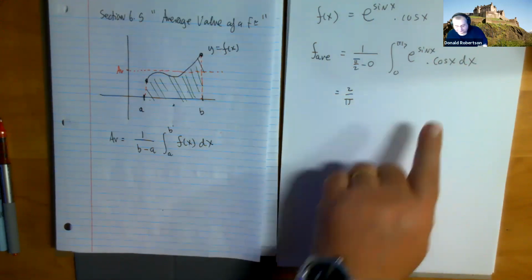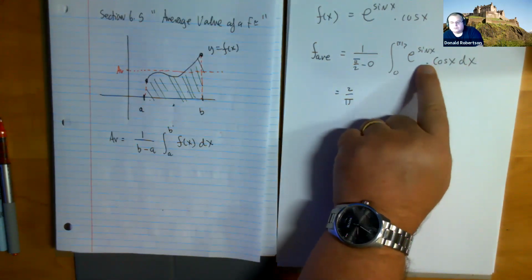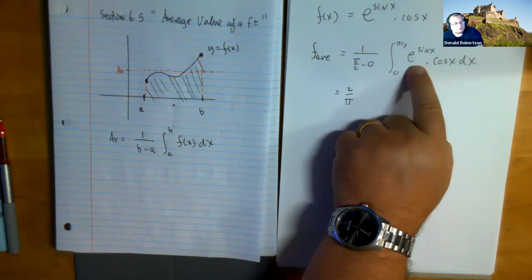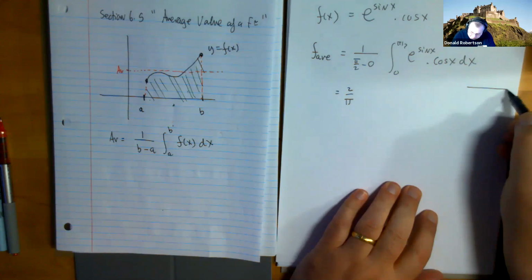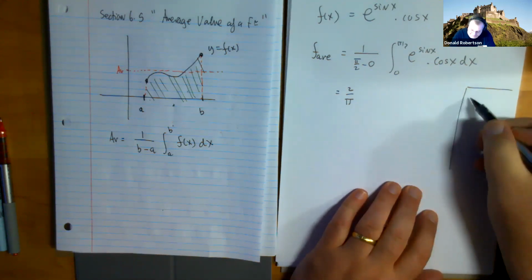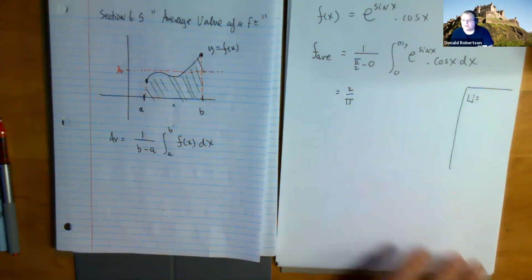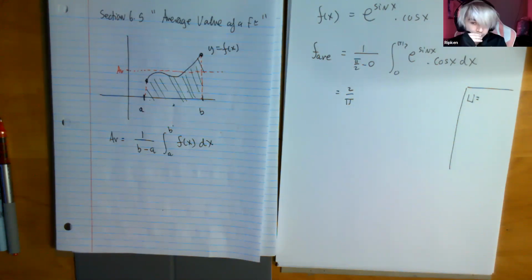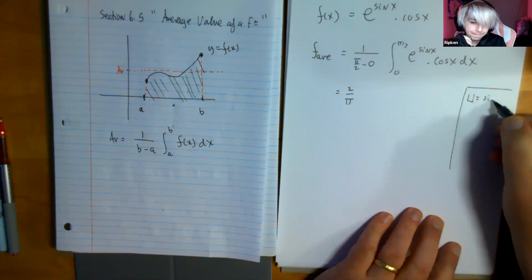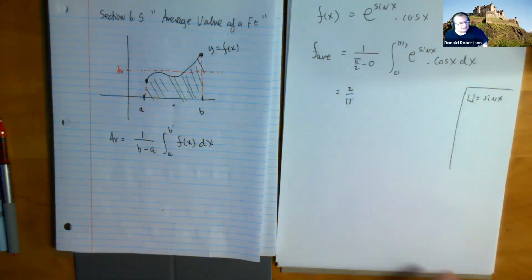Now, do you recognize that this is also a U sub? Agreed? Give me a U sub to use. Sin x. Agreed? Wouldn't this qualify under the e to the ugly guy rule?